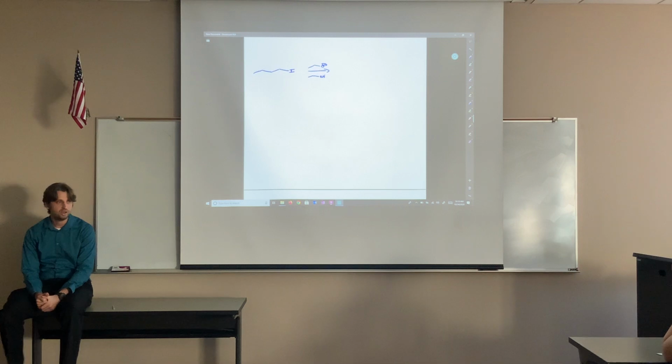A primary leaving group is going to tell us that either an E1 or an SN1 won't be happening. Why? Because we would have to generate a primary carbocation along the way.